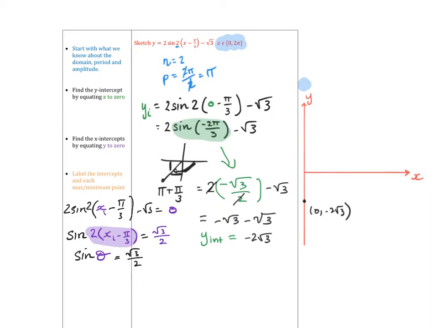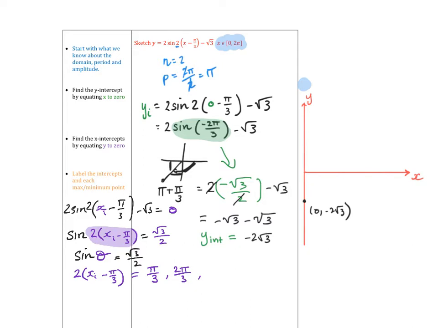So I know that 2 times my x-intercept minus pi on 3 is just equal to pi on 3, being the base angle. And if we were to look at the complementary angle, pi minus pi on 3, we also have 2 pi on 3.